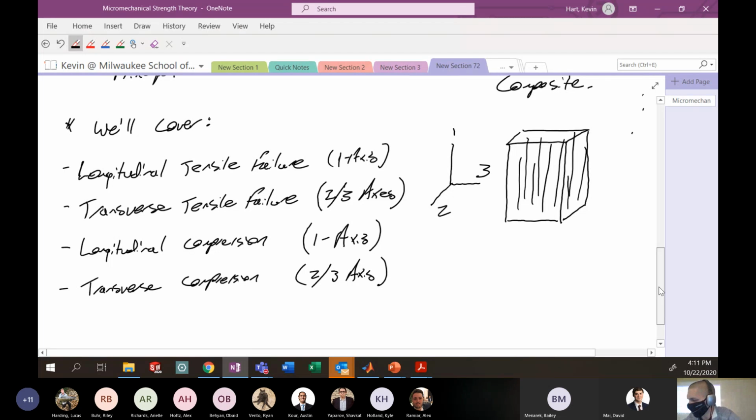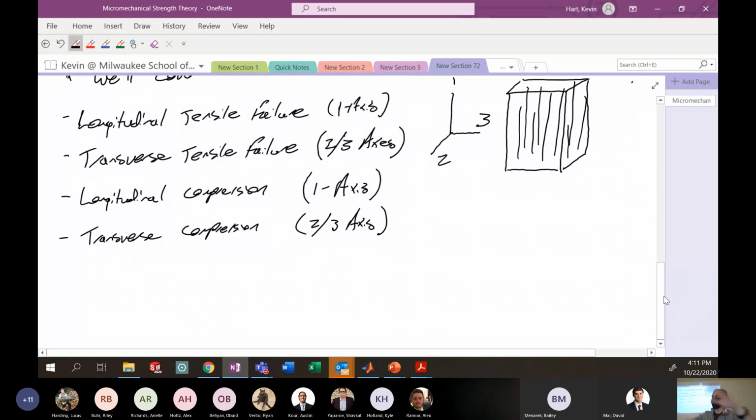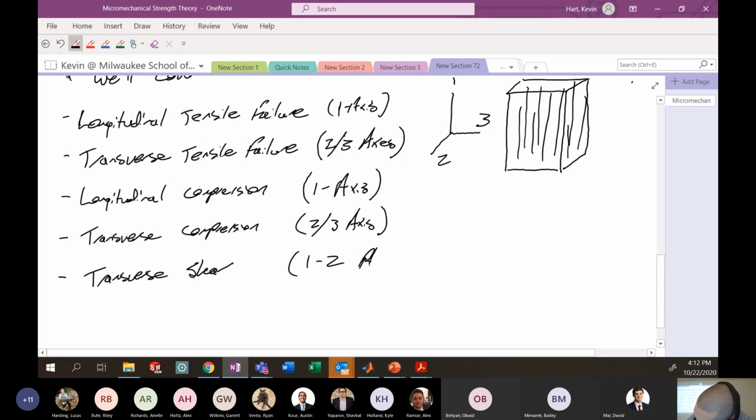Maybe you want to call it the 2-3 plane, since it's all isotropic. And then finally, we're going to cover transverse shear failure, which will be the 1-2 plane.